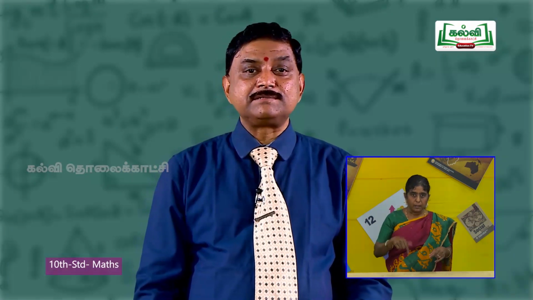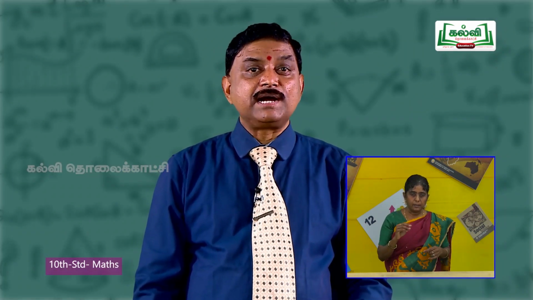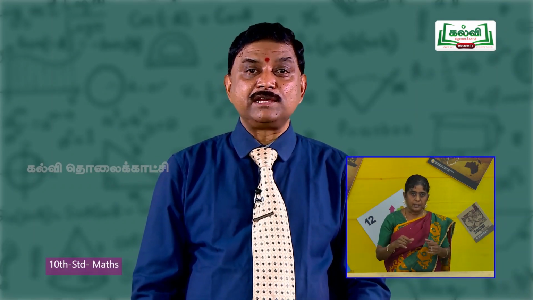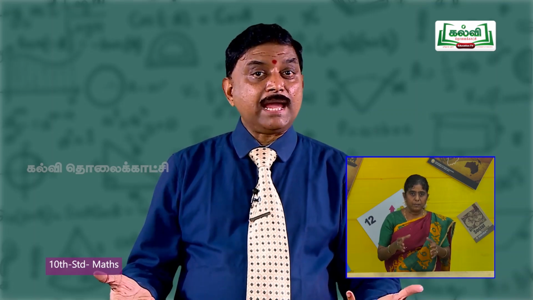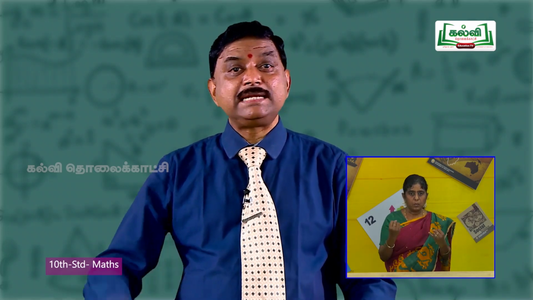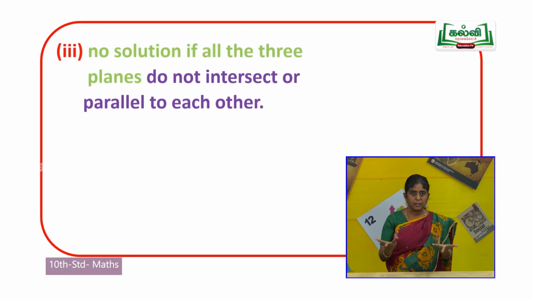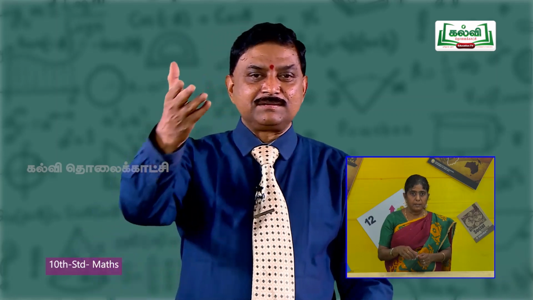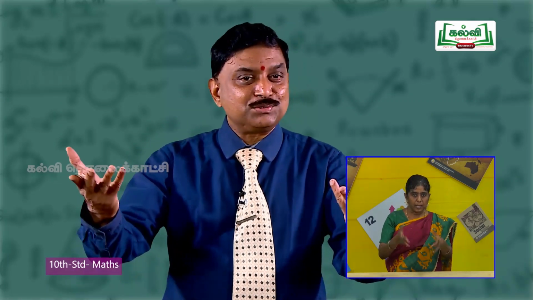Now the third case: sometimes a system of linear equations in three variables may have no solution. When is it possible? Yes, if the three planes do not intersect at even a single point, or all three planes are parallel to each other, in that case the system of equations has no solution.